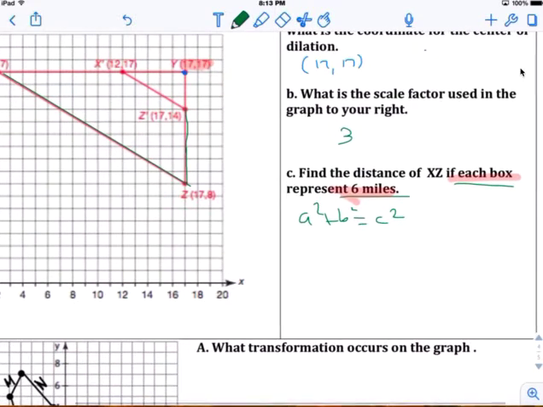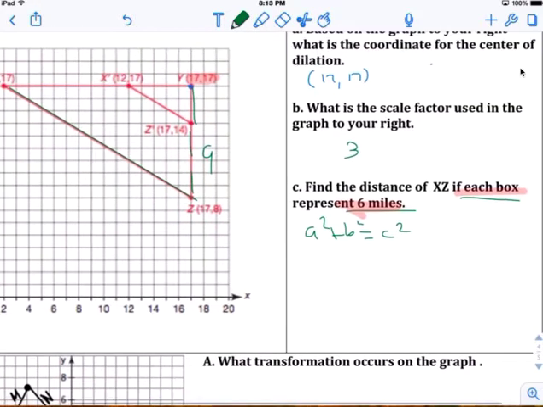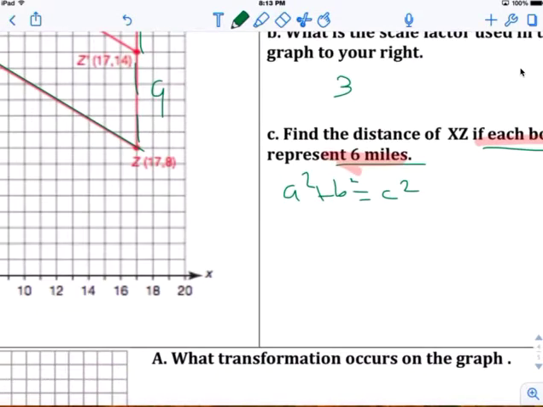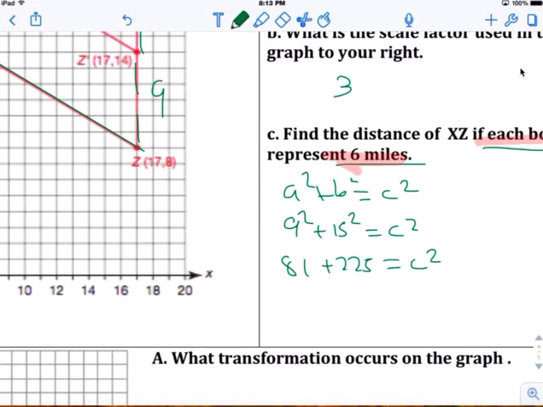A squared is 3, 6, 9, and that's 5 times, that's 15. 9 squared plus 15 squared equals c squared. 81 plus 225 equals c squared.